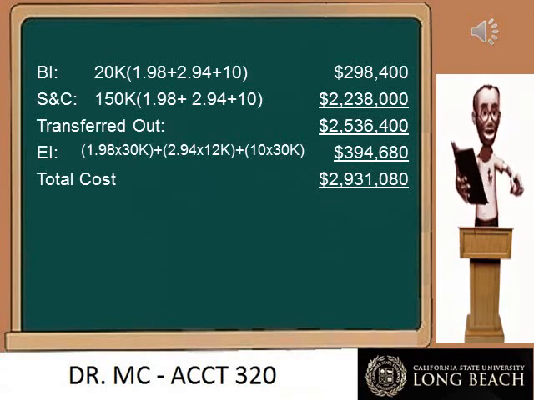The 150,000 units in started and completed therefore cost $2,238,000. The 170,000 units completed therefore cost $2,536,400. The cost of the ending inventory is calculated by adding $1.98 times 30,000 equivalent units plus $2.94 times 14,000 equivalent units plus $10 times 30,000 equivalent units, giving you a total cost of $394,680. The end.